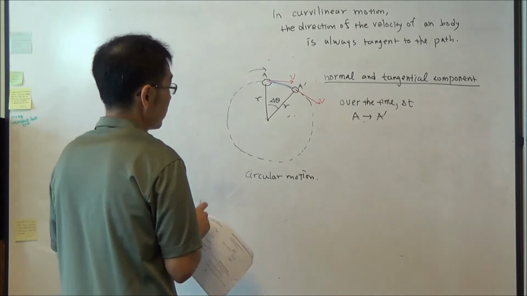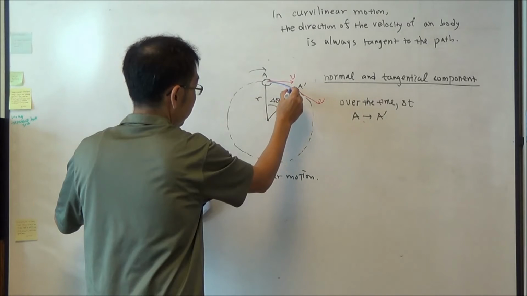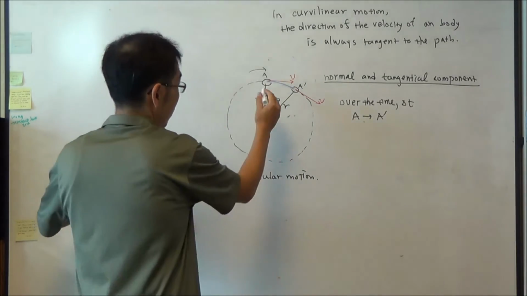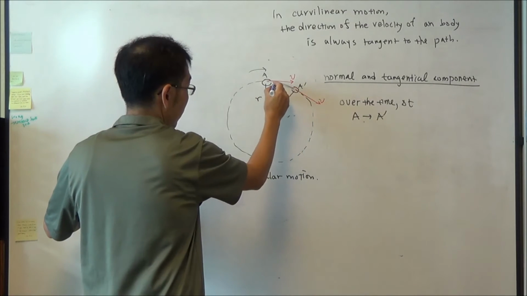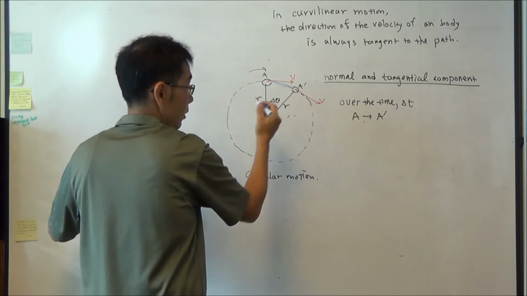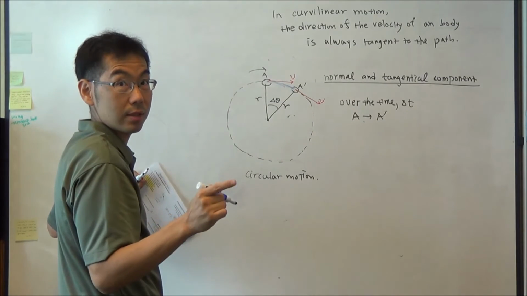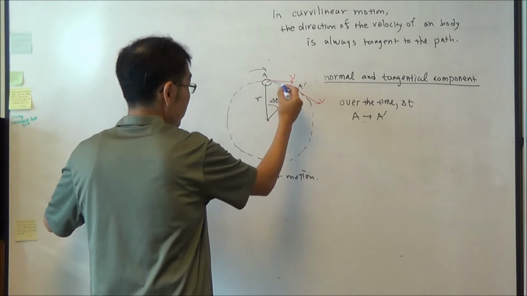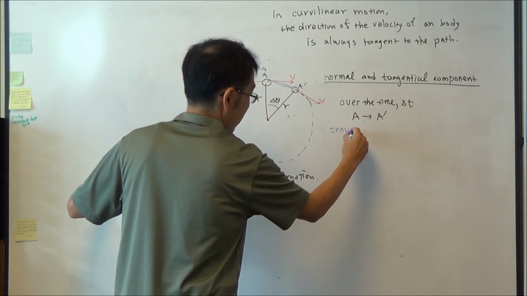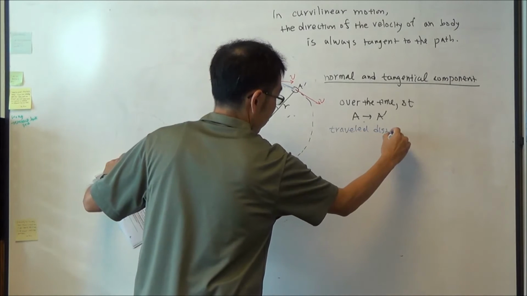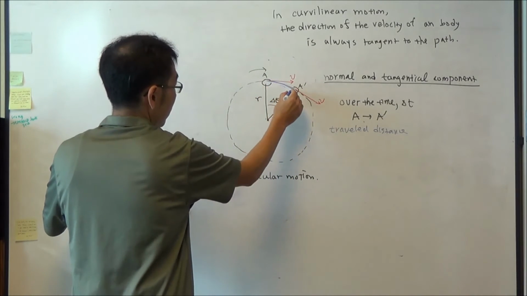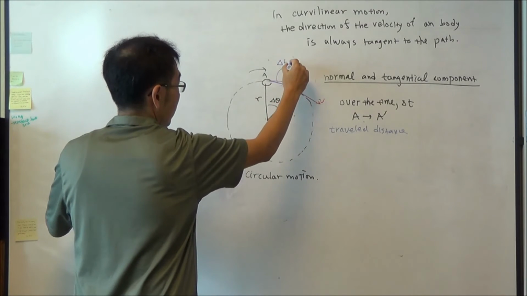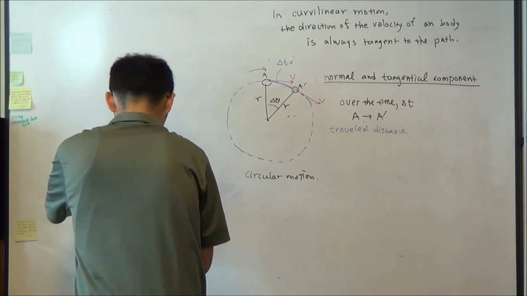And this is my travel distance, this blue line. The travel distance is velocity times time, right? So my travel distance here is delta t times the velocity v.